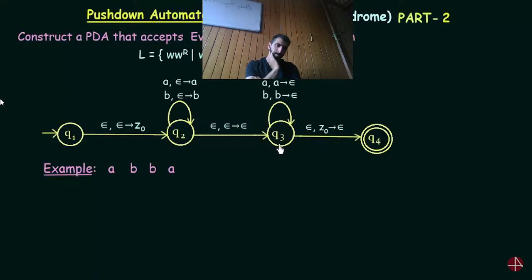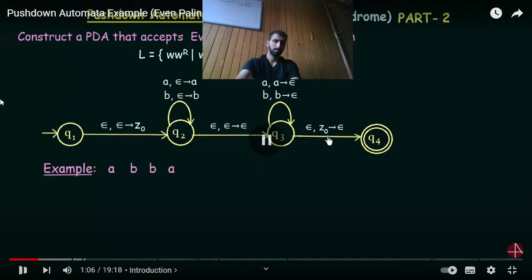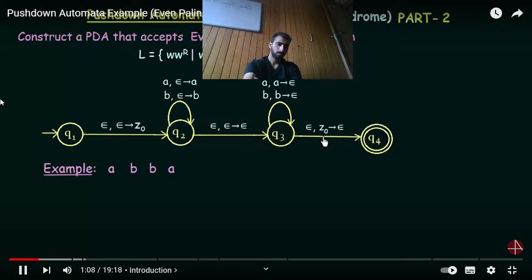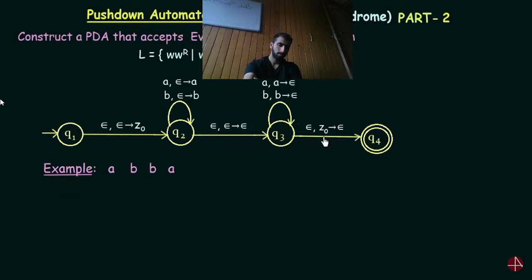In state Q3, we read the next half of the string and compare it with the elements on top of the stack, and we pop them. Finally, when we reach the end of the string, we check if Z0 is the bottommost element, and if it is, we pop it and we reach the final state. So that is how it checks whether this is an even palindrome.